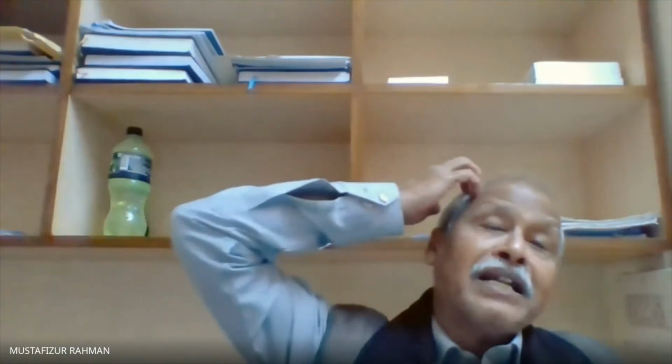Now we have to compare the actual neutral axis depth and the critical neutral axis depth. If the actual neutral axis depth is less than the critical neutral axis depth, then we are safe. This slab can be designed as under reinforced. But if Xu happens to be greater than Xu maximum, then we will have to go for double reinforced, because we cannot go for over reinforced.